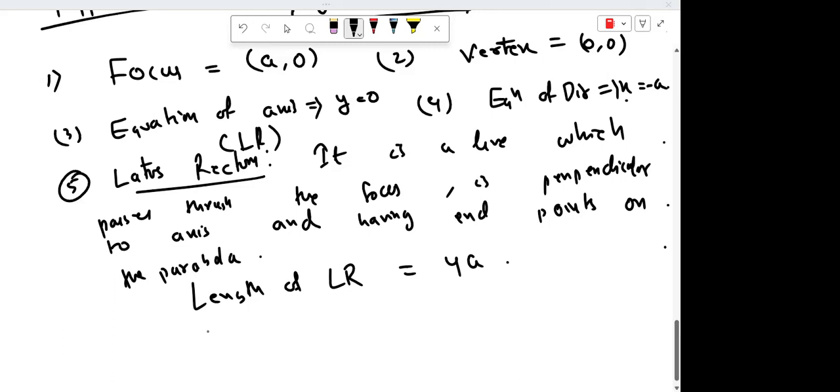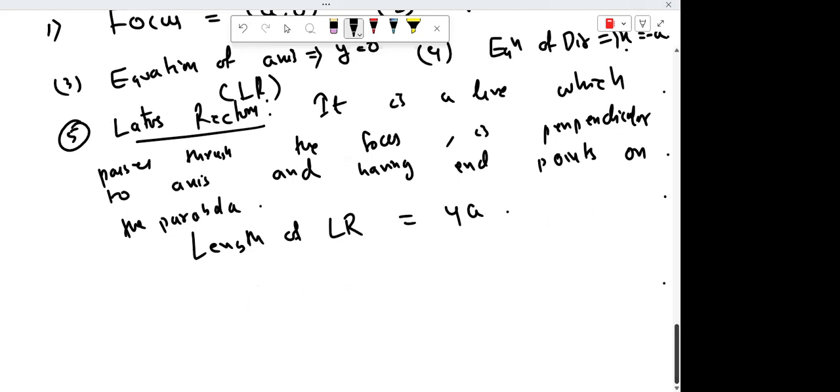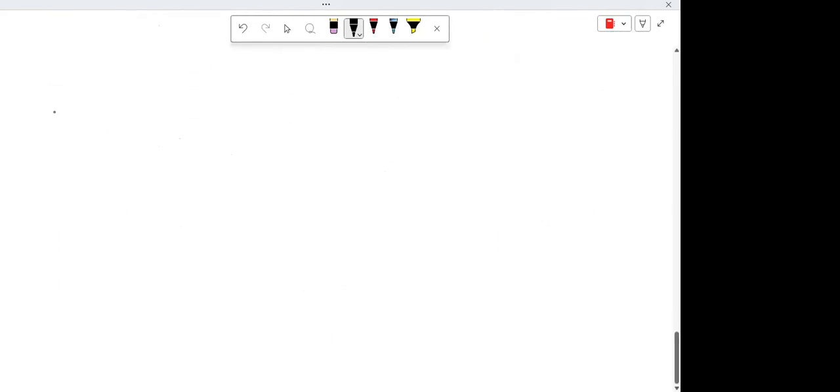Done? Okay, this is type 1. Type 2. The equation will look like y square equals minus 4ax. Here square is always positive, 4 is positive, a is positive, so x is always negative.